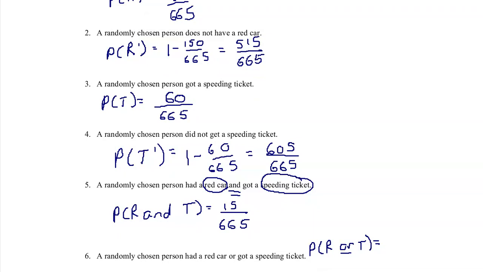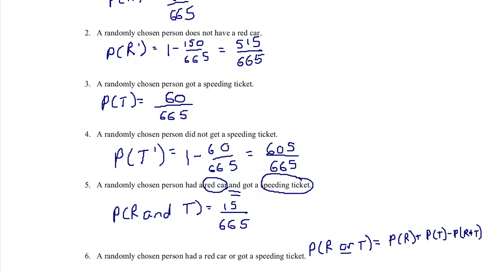We can just say that's the probability of a red car plus the probability of a ticket minus the probability that they had both a red car and a ticket. That's an and. Sorry, I'm running out of space.